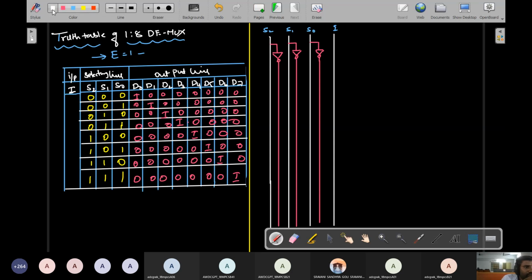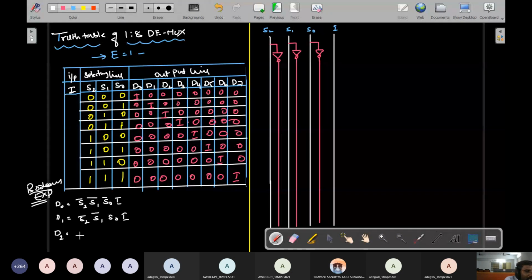First of all, the output D0, where all are zeros, is S2 bar, S1 bar, S0 bar into I. D1 is S2 bar, S1 bar, S0 into I. So this is the D input logic Boolean expression, the Boolean expressions of this truth table. D2 is S2 bar, S1, S0 bar into I.